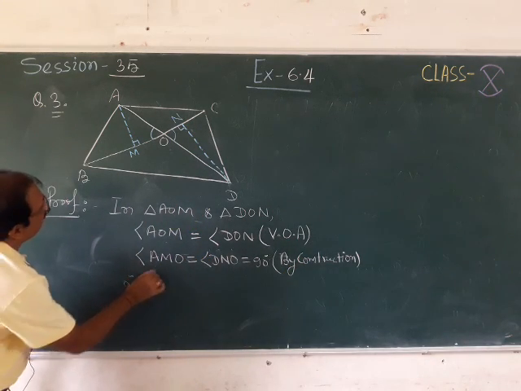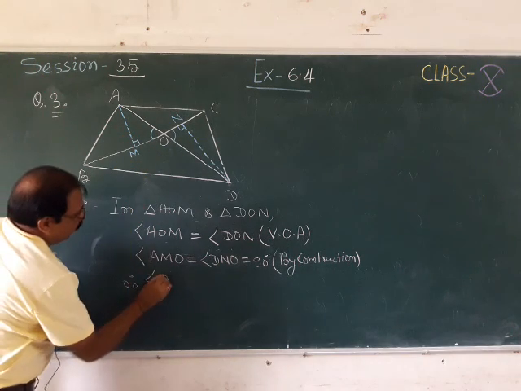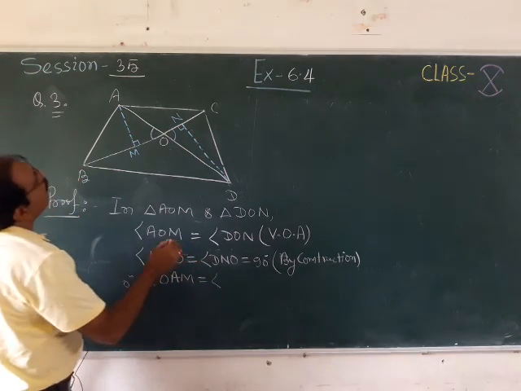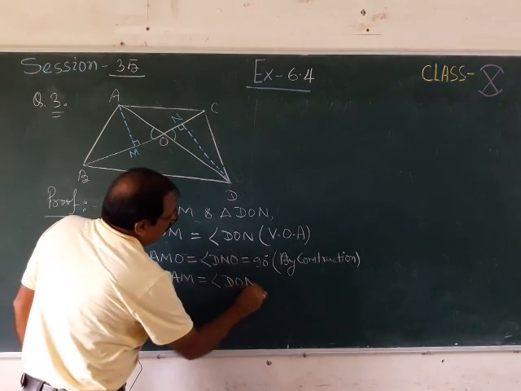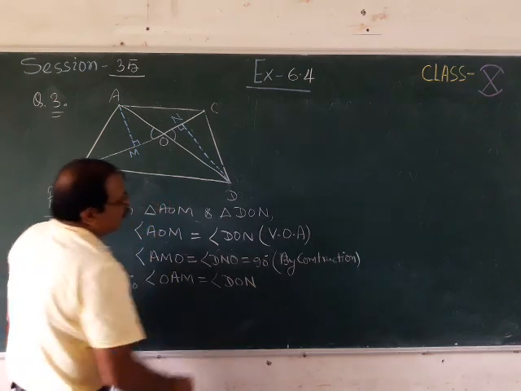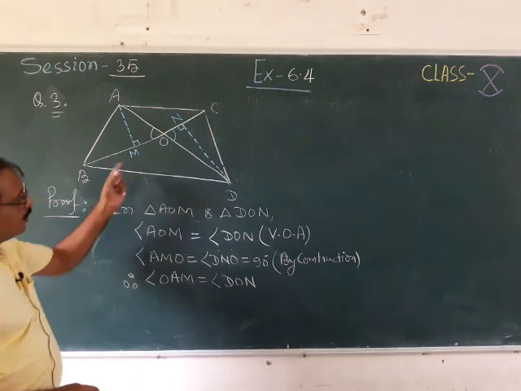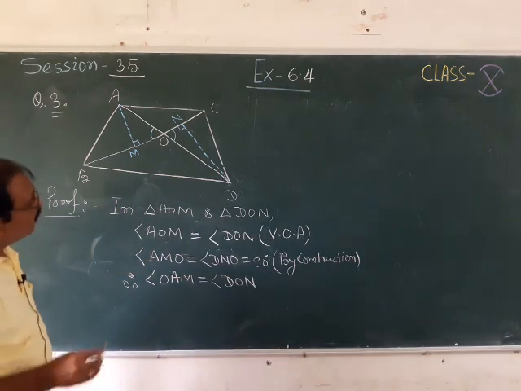Therefore, automatically you can say that angle OAM is equal to angle ODN, by the angle sum property. If two corresponding angles are equal, the third angle will be equal to the third angle.